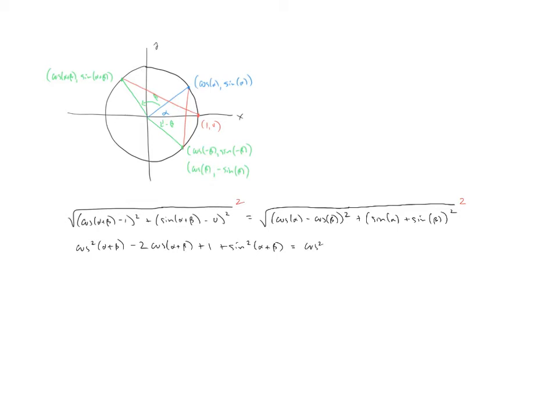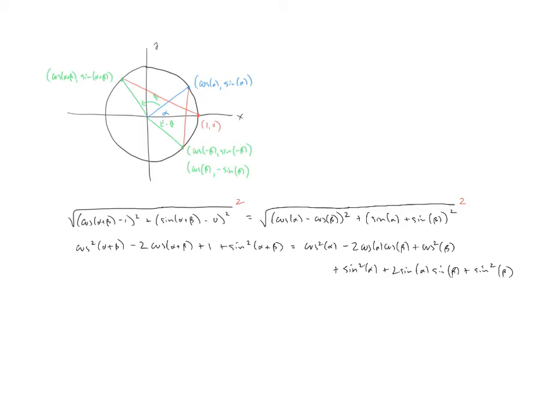I'll have cosine squared alpha minus 2 cosine alpha cosine beta plus cosine squared beta. And then I'll come down here and write plus sine squared alpha plus 2 sine alpha sine beta plus sine squared beta. So again, just a lot of foiling there.